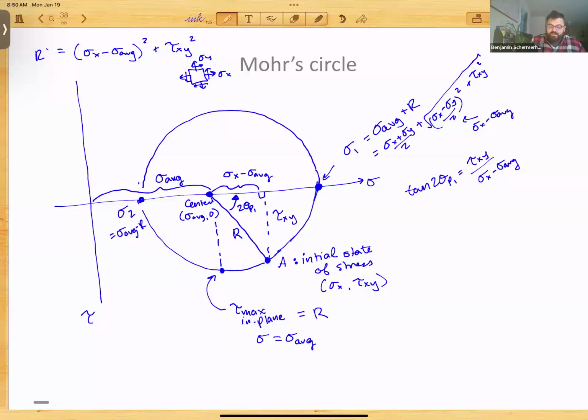We can see that sigma 1 to sigma 2 is 180 in our circle, which means it's 90 in the actual thing. So I rotate the square 90 degrees. It looks exactly the same. So that is all working out. All of the stuff that we built conceptually with how these stress elements are going to work is reflected here in Mohr's circle. Kind of neat.